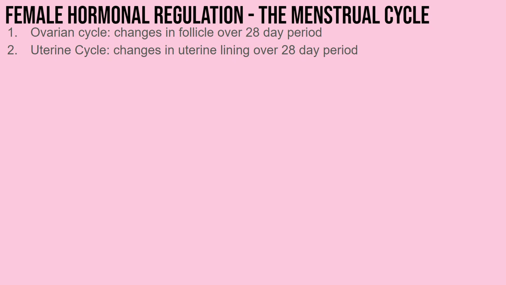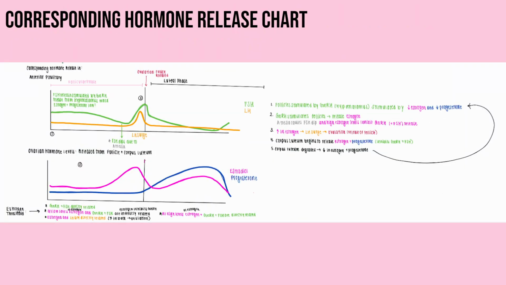So that's pretty much all we're going to have here. Egg release. And I think I have an anatomy slide up here, so maybe it will be better to visualize.